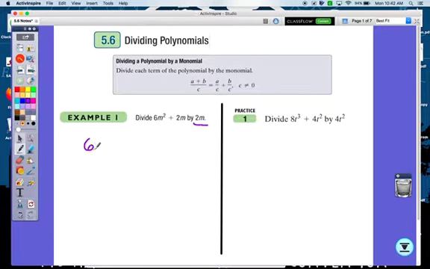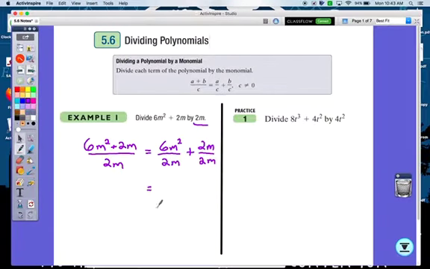So 6m squared plus 2m divided by 2m is going to turn into 6m squared, the first term on top, divided by the 2m. Whatever sign is in the middle, which is plus, and then 2m, the second term on top, divided by the divisor, the number on the bottom.